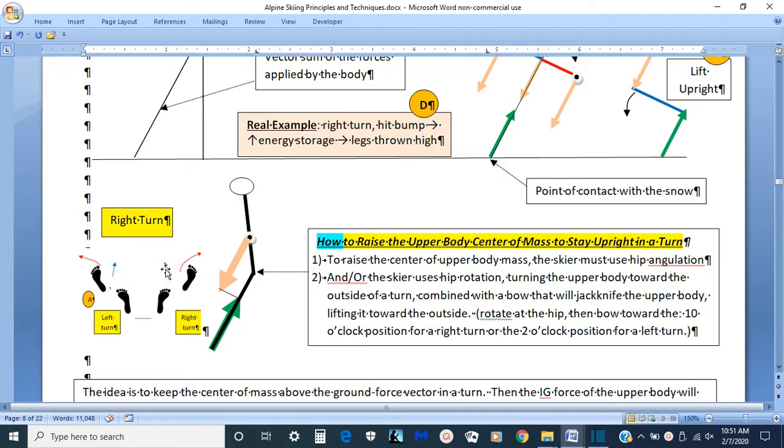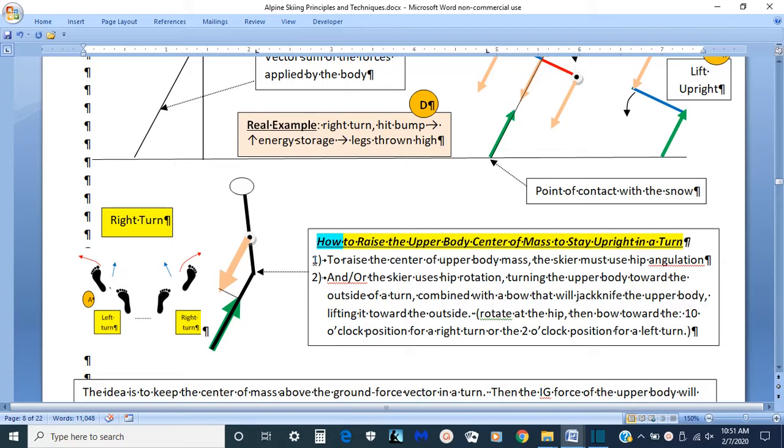With your upper body rotated to the outside, all you have to do is bow towards that, and that's going to jackknife your body and also raise the center of mass.